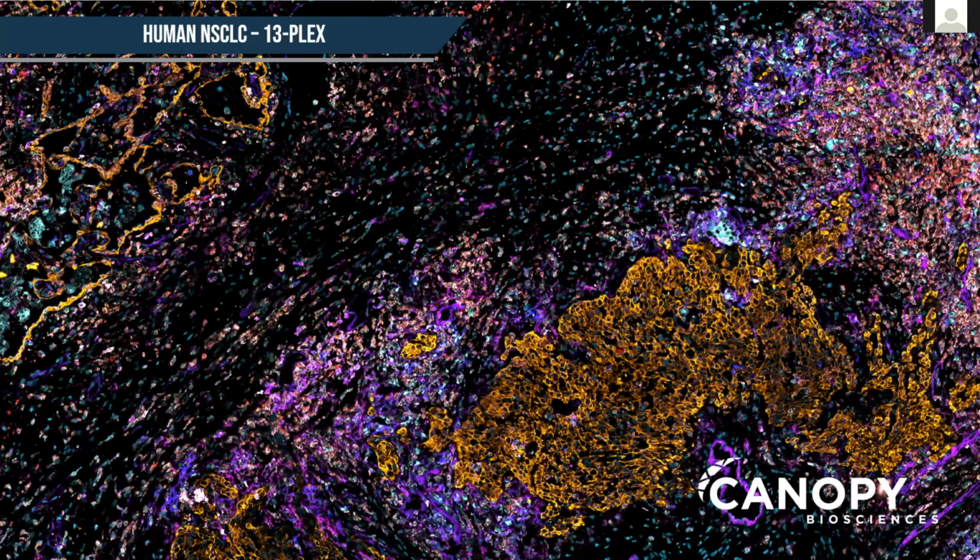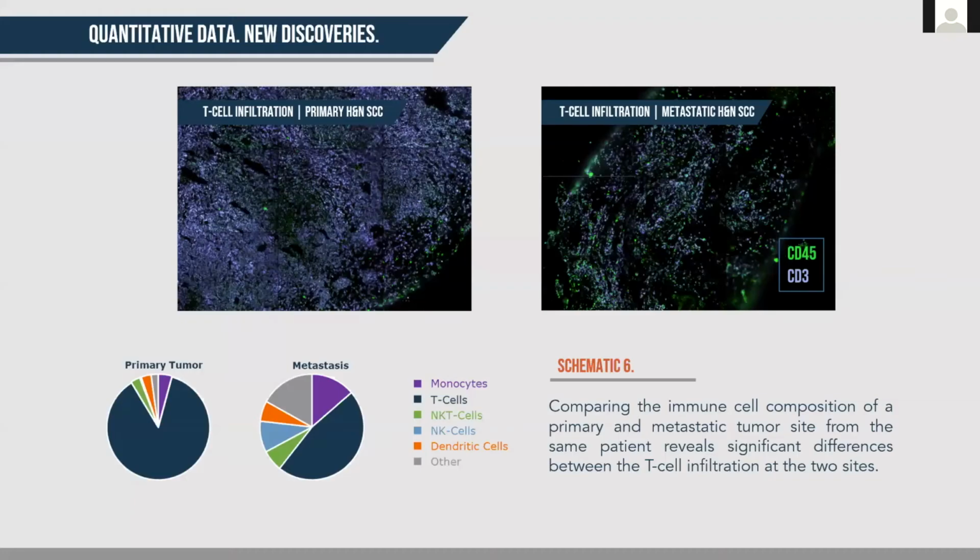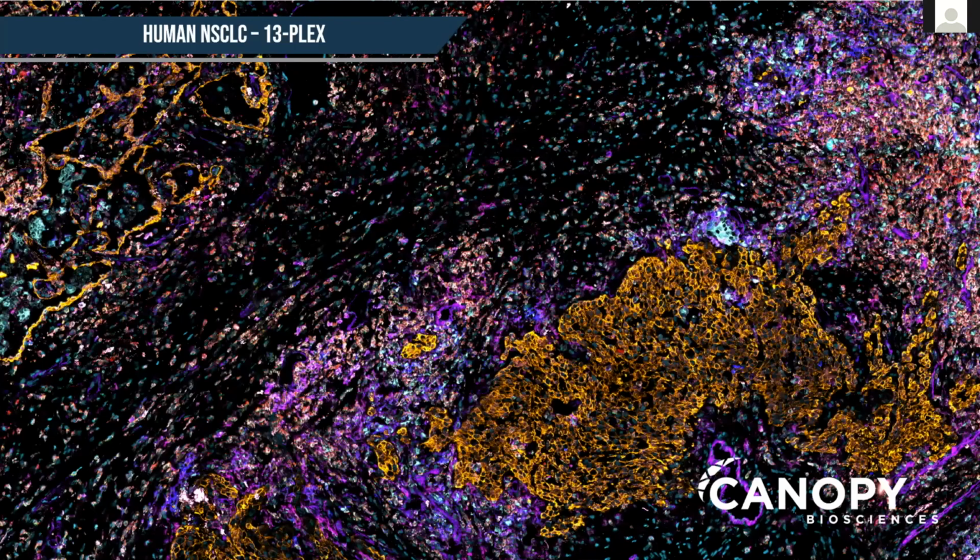This next image here, I just like to show because in all the images previously I've just shown a couple of markers on top of each other. This is a highly multiplex process where we can do many markers on top of each other with the serial staining. And within the image analysis software, you can toggle on and off each marker. And this is just showing a more high-plex overlay.